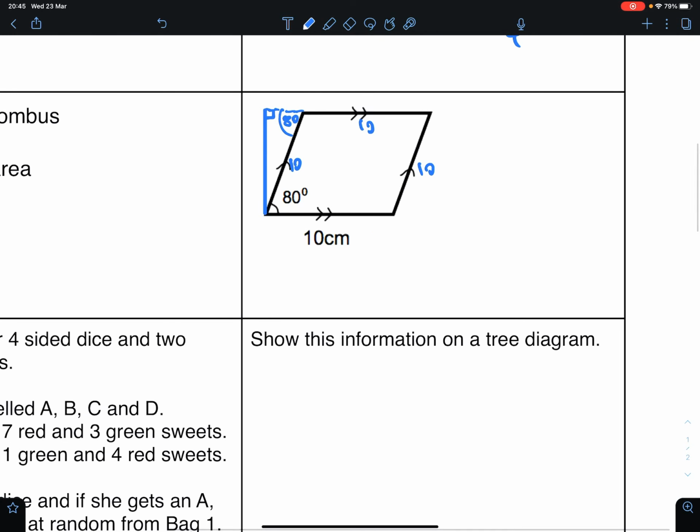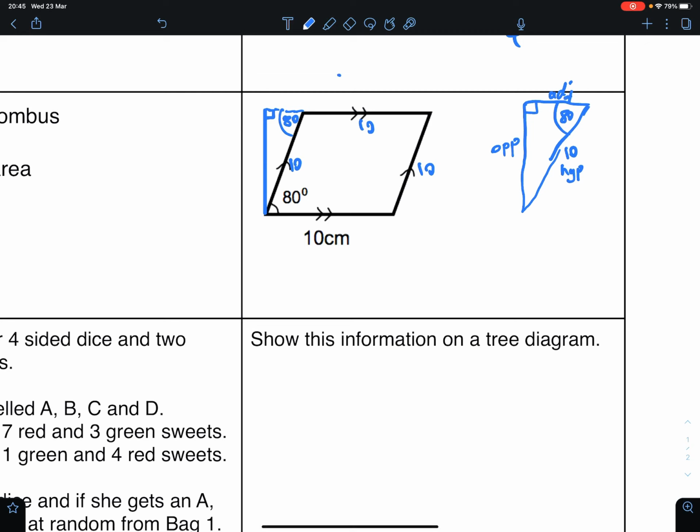So if I just draw that here, just a bit clearer, just a rough sketch, I have 10 and I have my 80 degrees, and I'm trying to work out my perpendicular height, which is my opposite. So I've got my hypotenuse, which is over here, and then this is adjacent.